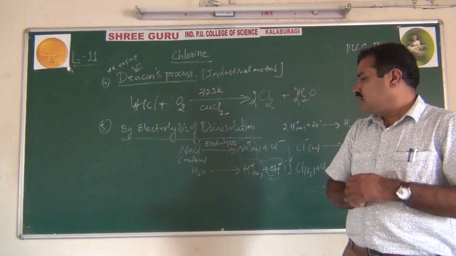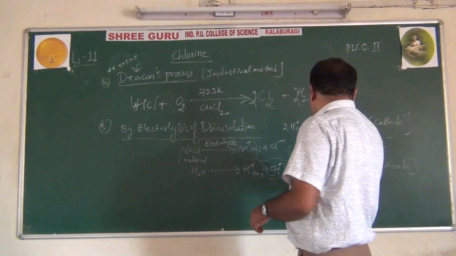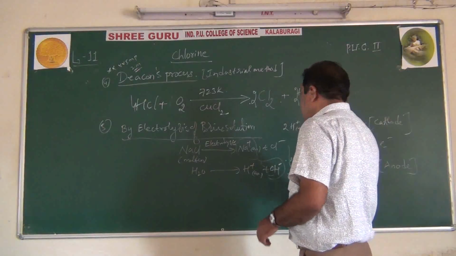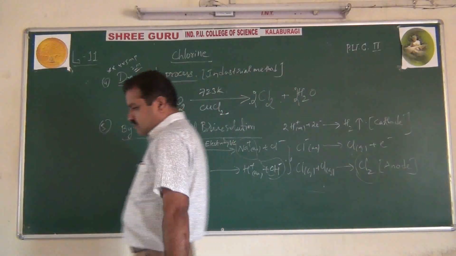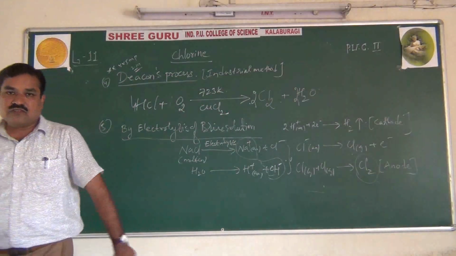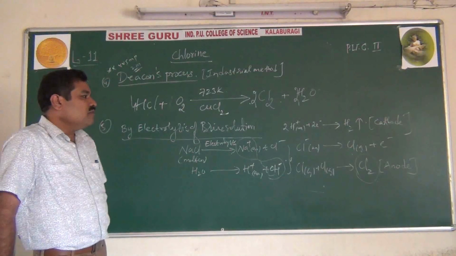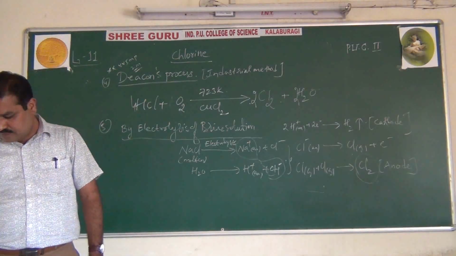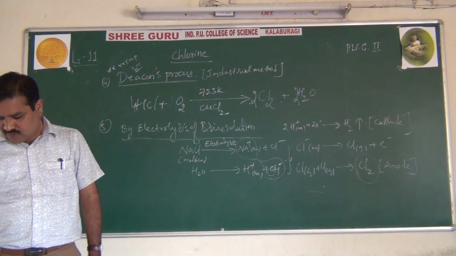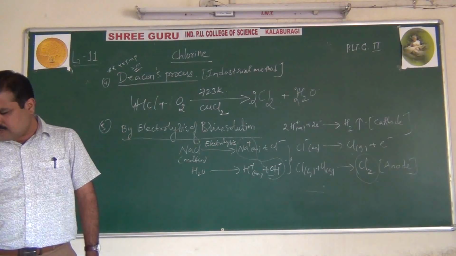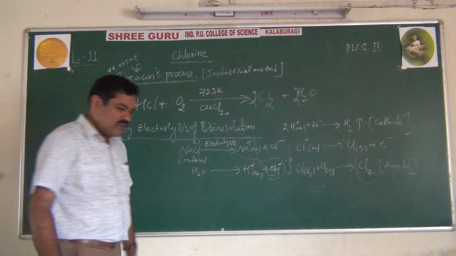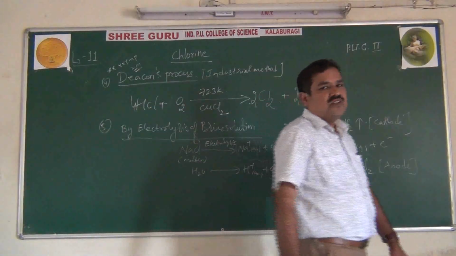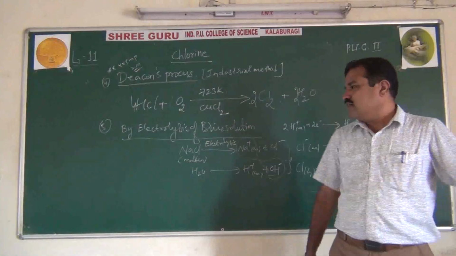Here chlorine is liberated where? At the anode by the electrolysis of the brine solution. It is also important for CET purpose. So this is how we can prepare chlorine by various methods, but only one method is important for CET purpose, what I discussed afterwards.